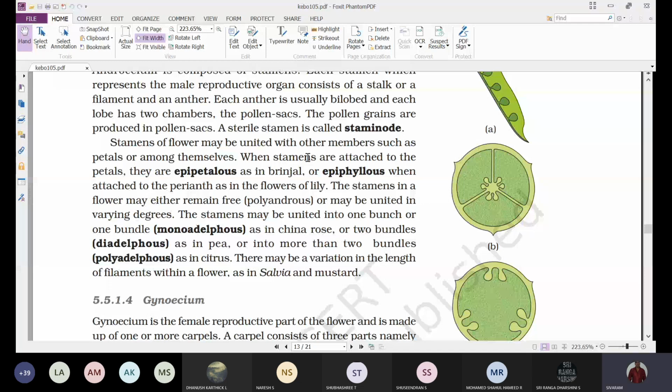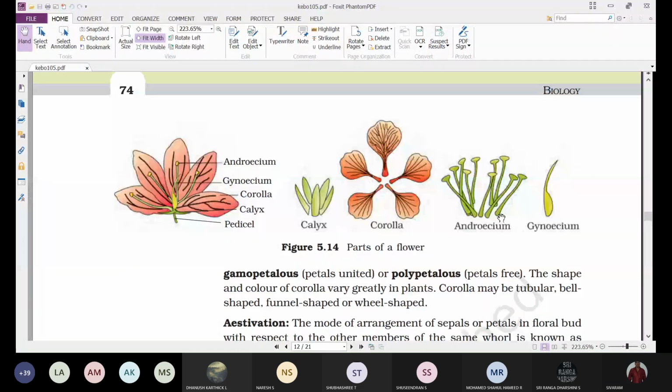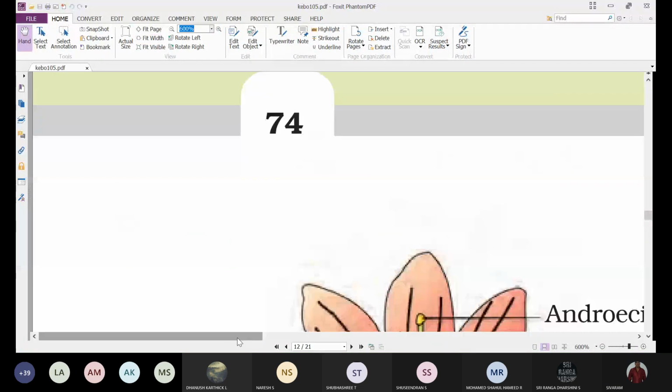This is the filament and this is the anther, at the tip. Here we can see the 10 stamens represented.